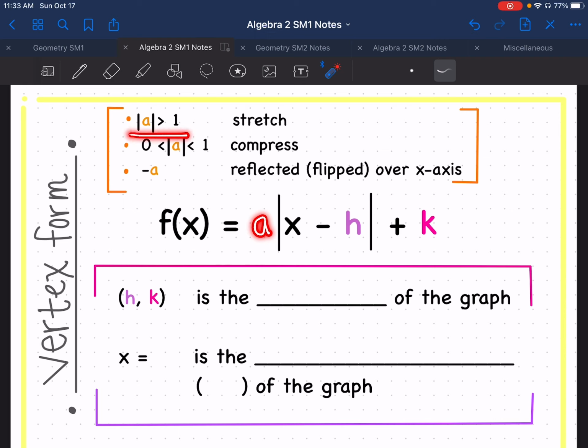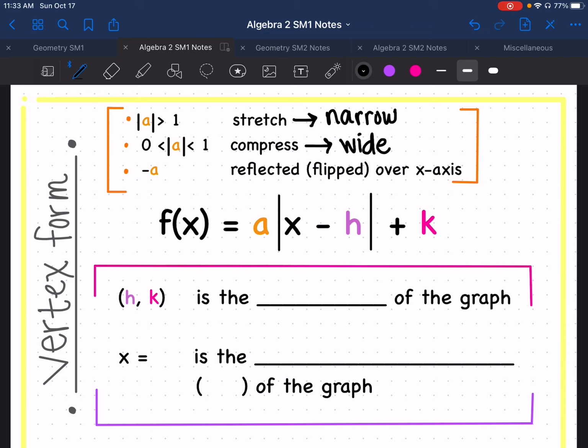Well, if the absolute value of A is greater than 1, it is going to stretch out my function. What that's actually going to do is it's going to get narrow. Okay? If this A is between 0 and 1, if the absolute value is between 0 and 1, it's going to compress my function, which means my function is going to end up getting wider.